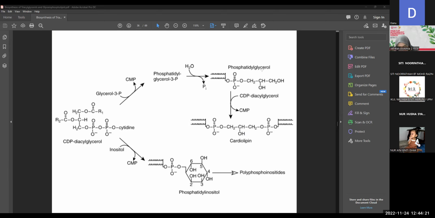If you notice, the difference between this pathway dengan pathway untuk synthesize phosphatidylcholine and ethanolamine tadi.